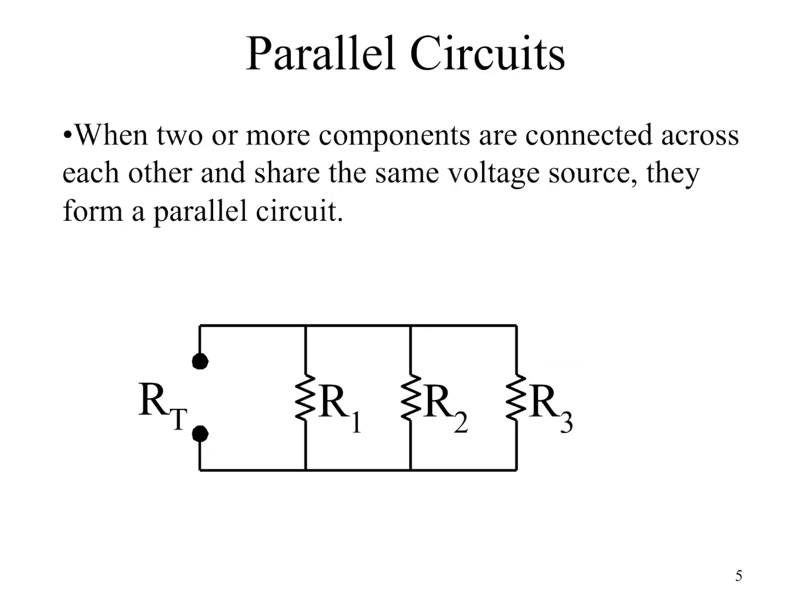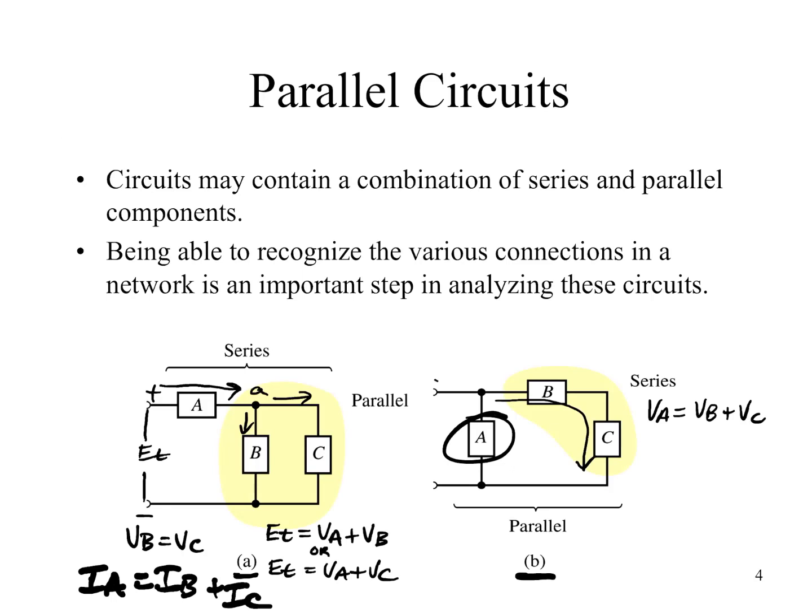What else could we say? If we labeled this total current here, we could say that I total equals IA plus IB, or I total equals IA plus IC.